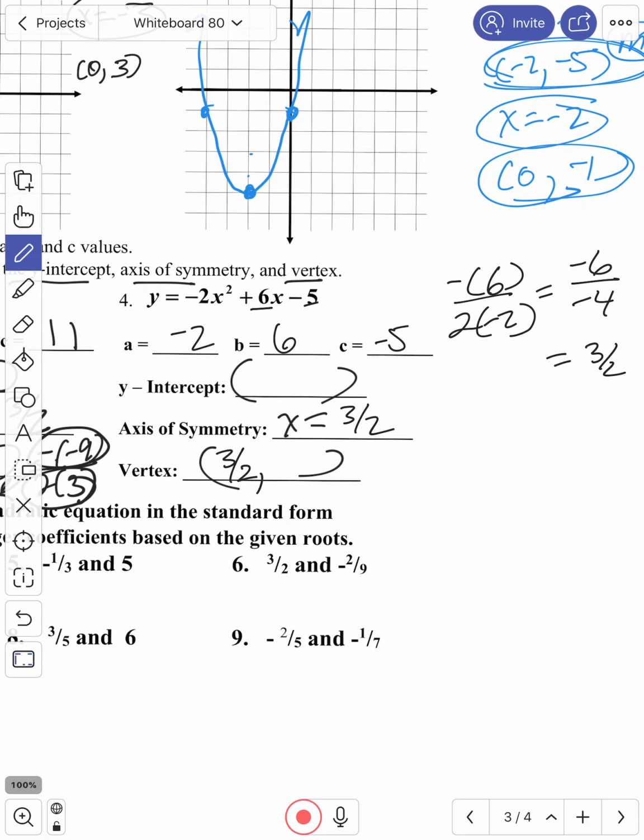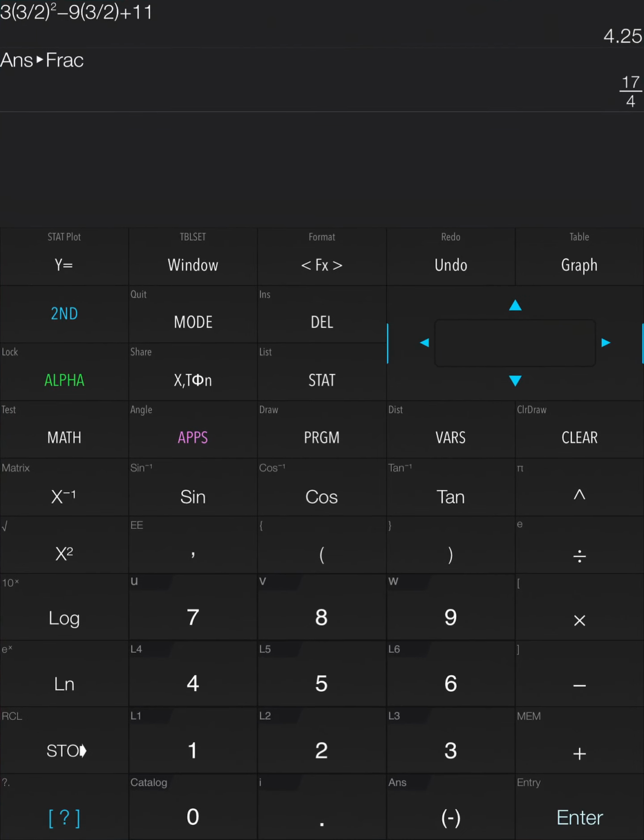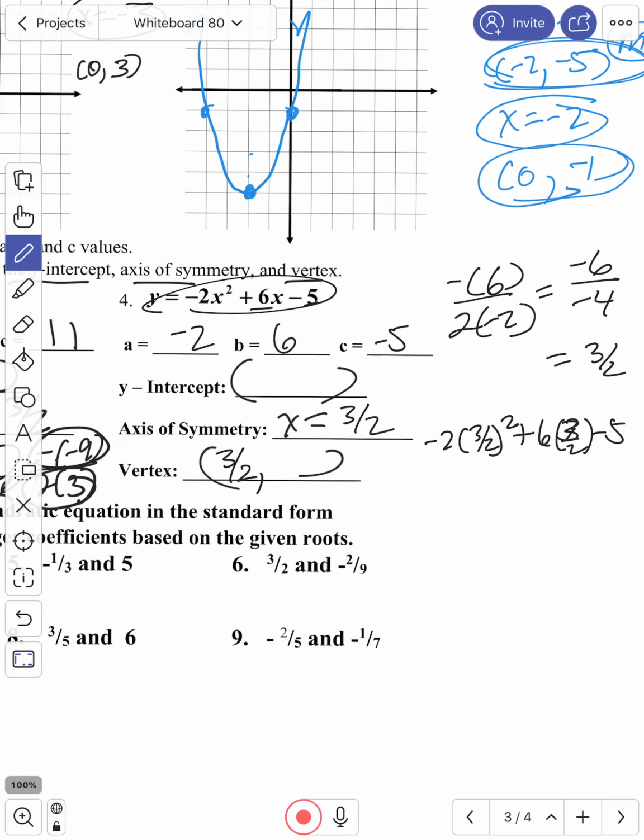I'm going to fill it in: negative 2 times 3 halves squared, plus 6 times 3 halves, minus 5, which you could do by hand or with your calculator. So I have negative 2 times x is right now positive 3 halves.